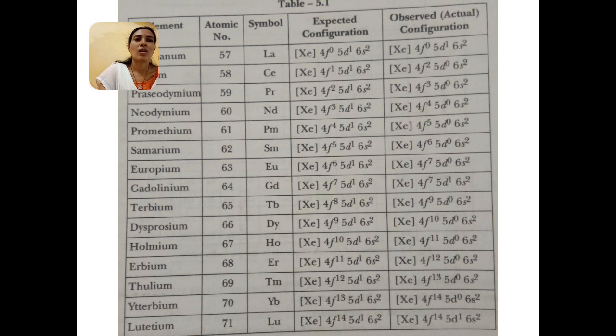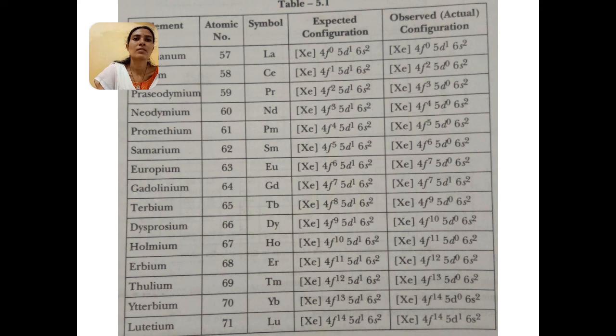Likewise, all the elements are there: cerium, praseodymium, neodymium, promethium, samarium, europium, gadolinium, terbium, dysprosium, holmium, erbium, thulium, ytterbium, lutetium.